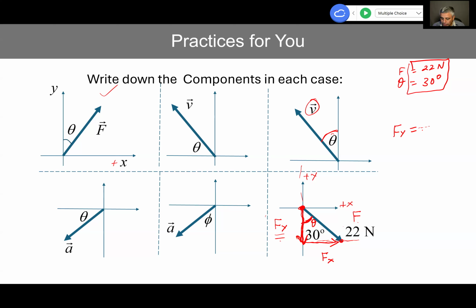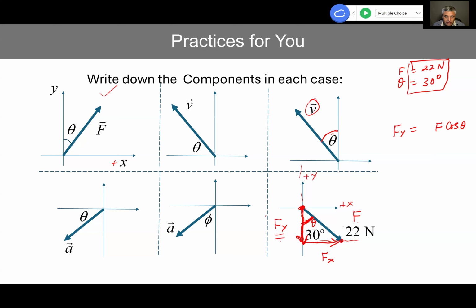I leave some room here for a positive or negative sign, then write the original vector F, and this being adjacent, I write cosine, and the angle I am denoting as theta, okay? And what's the sign of this y component?